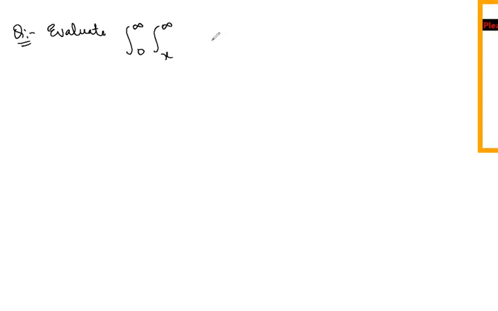Okay, the question is, evaluate this integral from 0 to infinity, and the second is from x to infinity, e to the power minus y upon y dy dx. Okay, we just have to evaluate this. So in evaluating, you have here 0 to infinity, x to infinity.